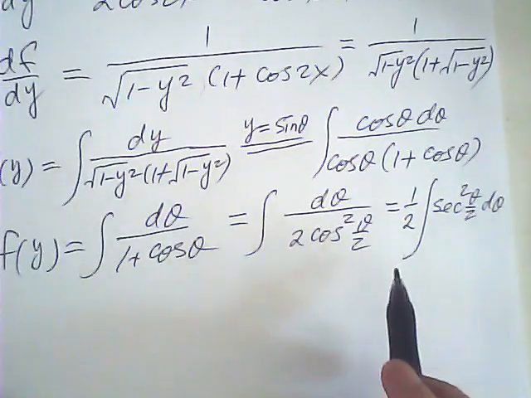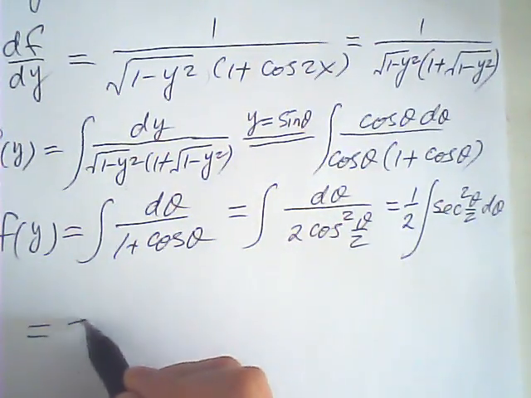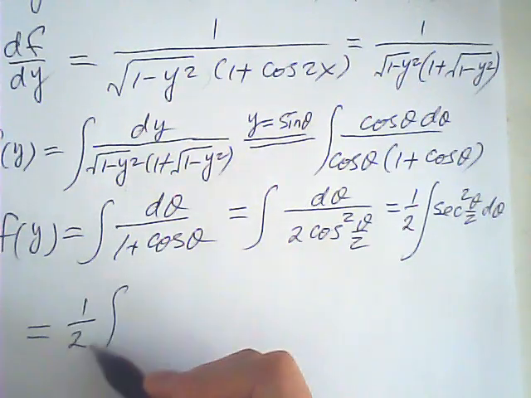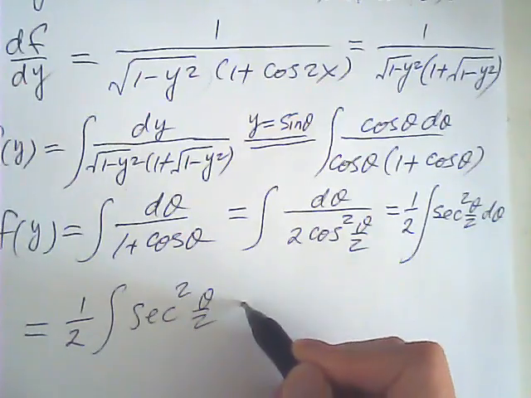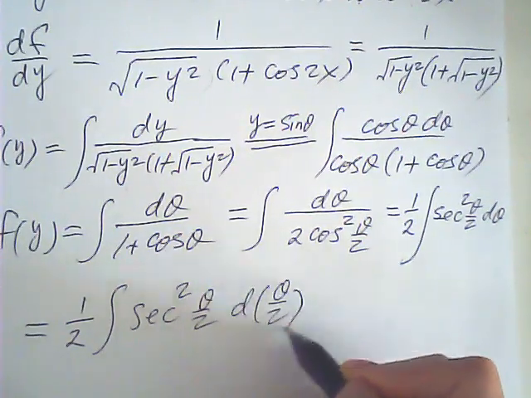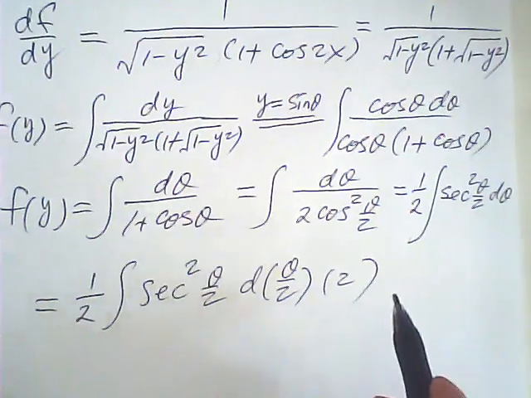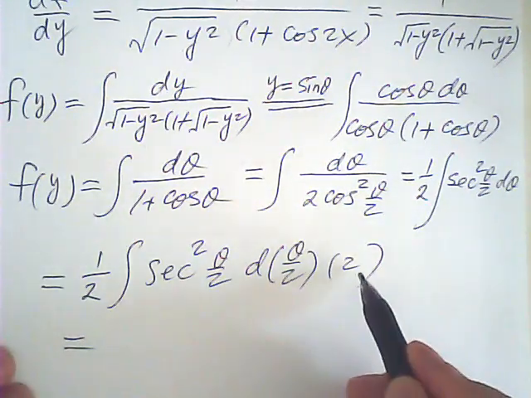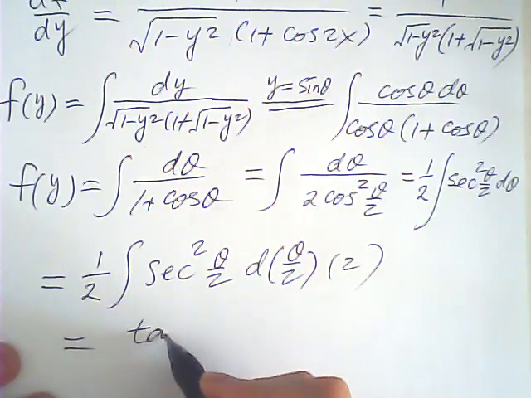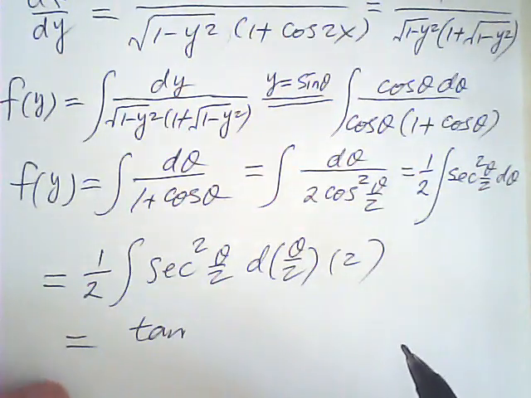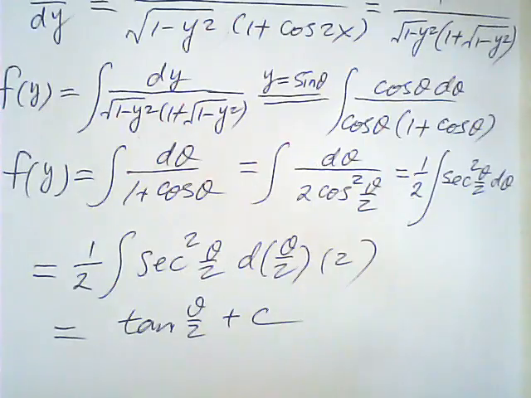You must be good in trigonometry. So this is equal to 1/2 integral of secant square half theta and the d half theta times 2. This is d theta. Then the 2 cancels out the half. This is equal to tangent half theta, right? Plus c.